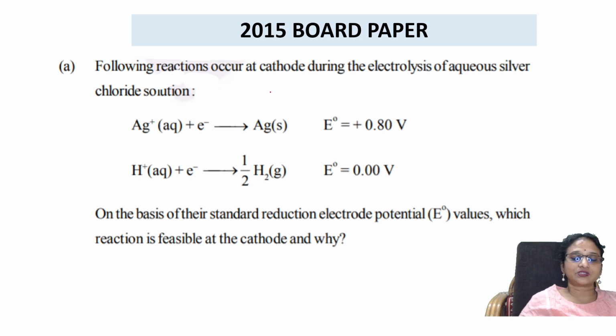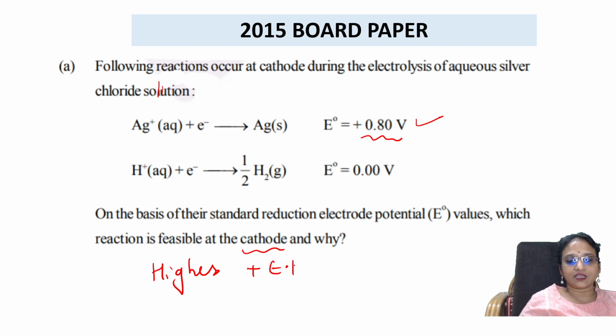Okay. The following reaction occurs at cathode during the electrolysis of aqueous silver chloride solution. All right. So they're asking me, on the basis of the standard electrode potential E naught, which reaction is feasible at cathode? Simple, students. Remember, seeing the electrode potential values, we very well know, higher the positive electrode potential values, what do we call them?